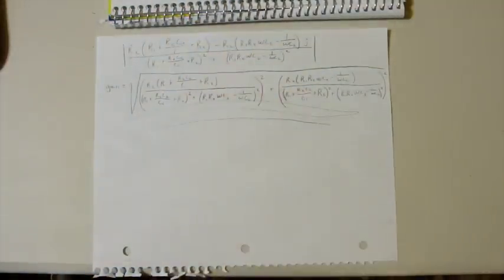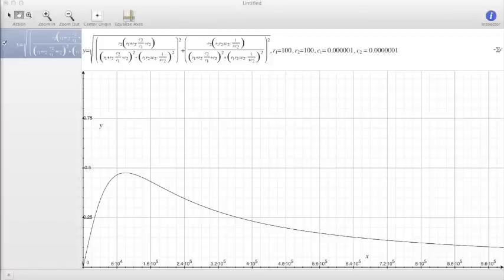So there you have it, and that is the gain of this bandpass filter. I'm sure there is a much easier way to get that value, but that is the only way I could solve it. And this is the equation plotted versus frequency, and the gain is on the y-axis. The RC values are completely arbitrary.